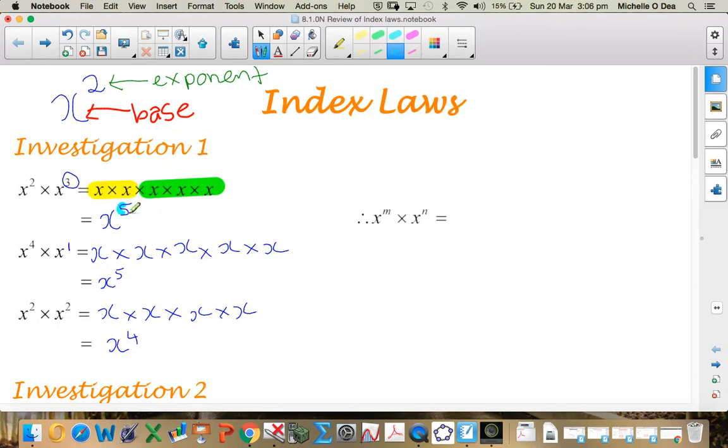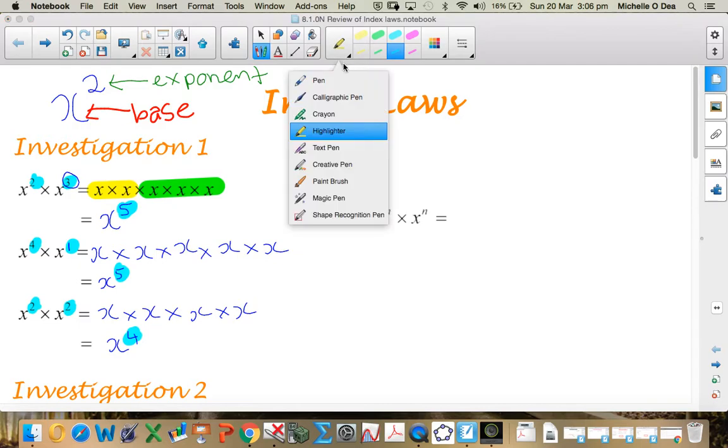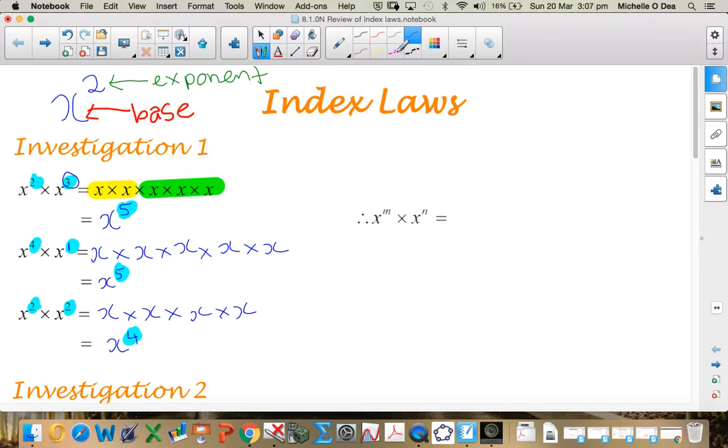So if we look for the pattern, our answer had a power of 5, and there we have 2 and 3. Our question had a 4 and a 1 in the power, and the answer had 5. The question had 2 and 2, and the answer had 4. So hopefully you can already see that when you multiply the exponents, a quick way to get the answer is just to add the powers.